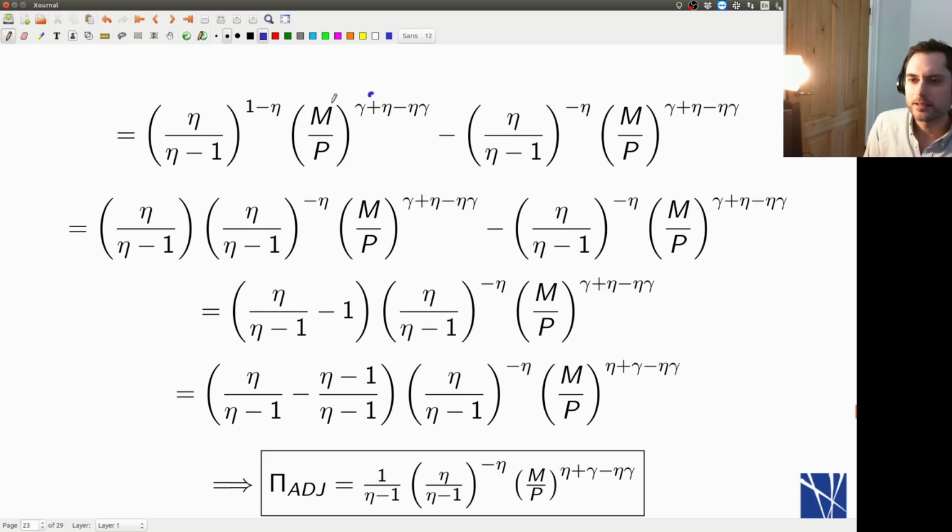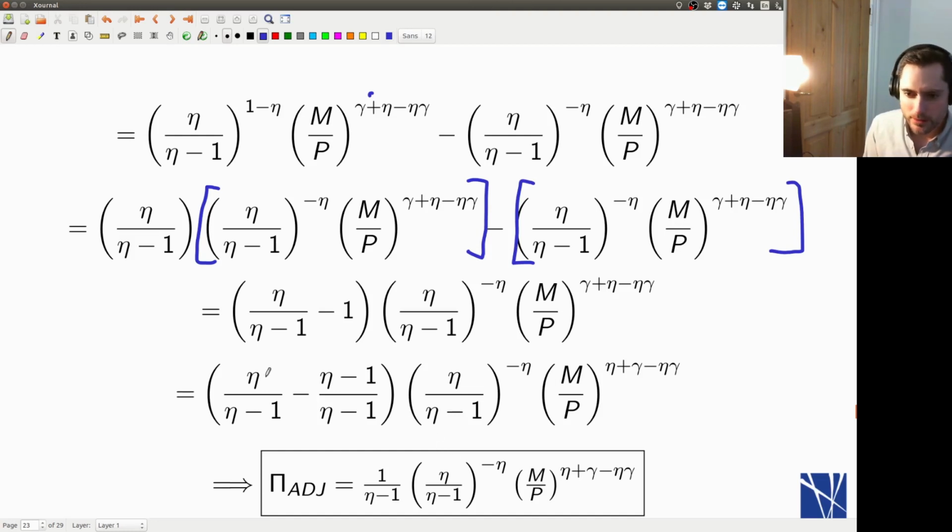Let's just take this eta over eta minus 1 out. We're separating this power, so we get a negative eta there. So we've got two terms that are identical. Then we take this term out because we have the same term on both sides here, so we get eta divided by eta minus 1 times eta divided by eta minus 1 to the power negative eta, and then this term.